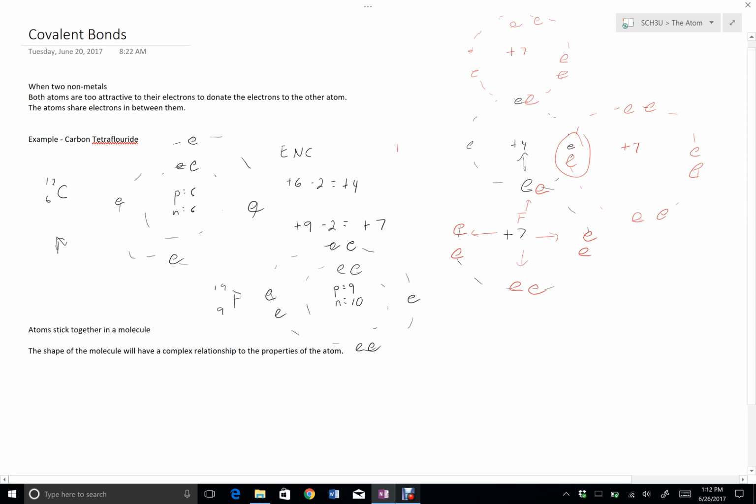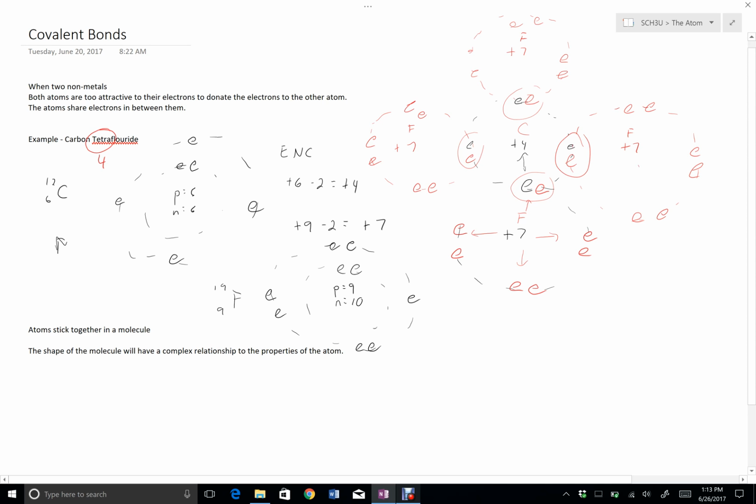And then finally, room for one more fluorine. So now if we consider this, we have 4 fluorines. That's why it's tetrafluoride. Tetra is the prefix that means 4. Sharing electrons in these covalent bonds with one central carbon atom.